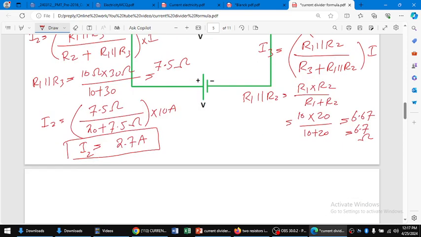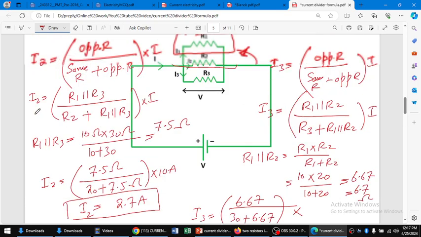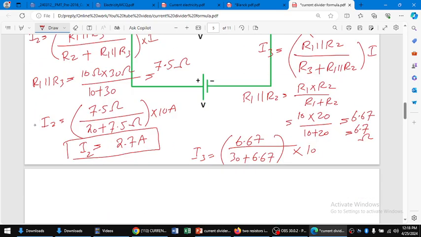Now we put this value in I3. So I3 is equal to 6.67 divided by R3, which is 30, plus 6.67, multiplied by the source current I, which is 10 ampere, the current from the battery.